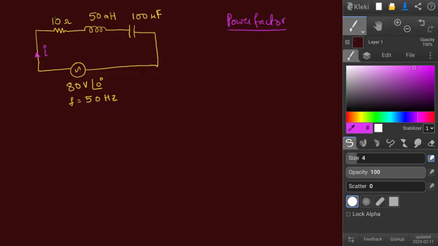The resistance is already in ohms, but the inductance is in millihenries, which has to be converted to ohms. So how do you convert millihenries to ohms? We have XL, which is called inductive reactance. Inductive reactance is a function of the inductance value itself and frequency.